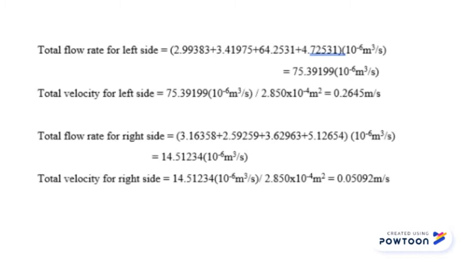The total velocity for the left side is 0.2645 meter per second. The total flow rate for the right side is 14.51 times 10 to the power of -6 cubic meter per second. The total velocity for the right side is 0.05092 meter per second.